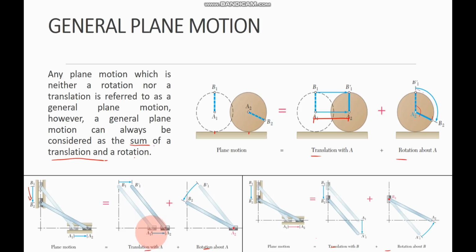So, for translation, which is the movement of point 1 to point 2, and then yung rotation ng ating point B or B1 to B2, rotation about A. So, at this second diagram, we are considering the translation in a horizontal motion ng ating point A. So, same scenario then, if we will consider point B, we will consider the vertical movement of point B. So point B naman tayo mag-focus.